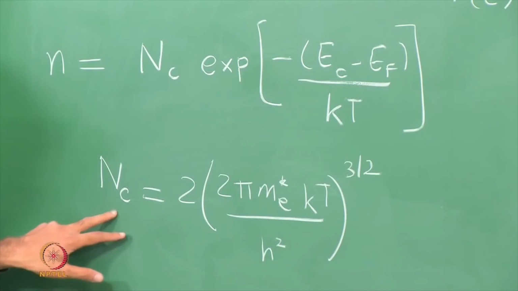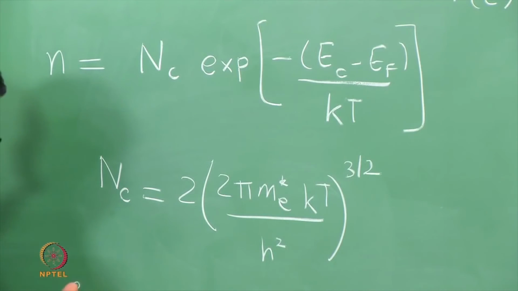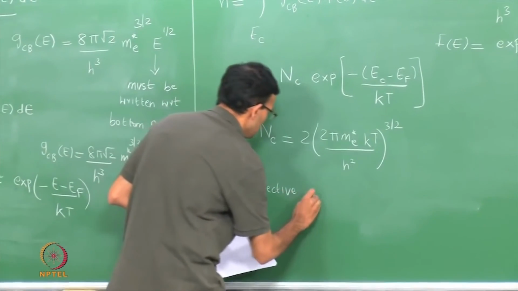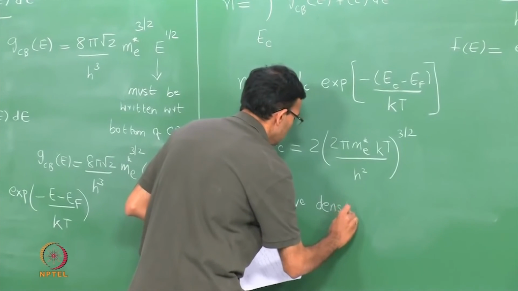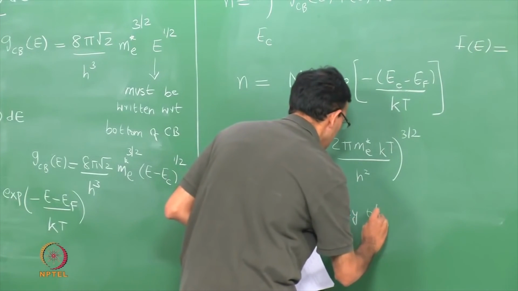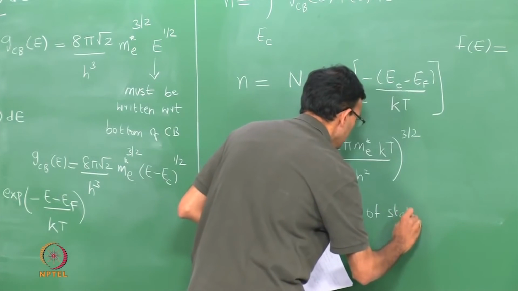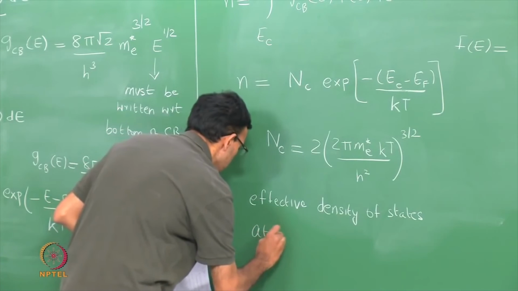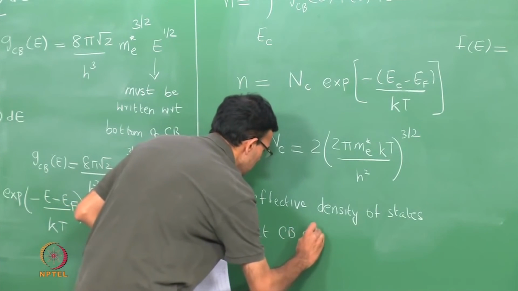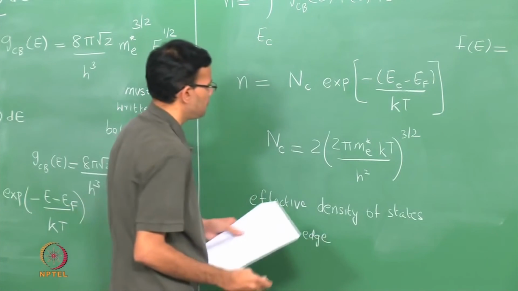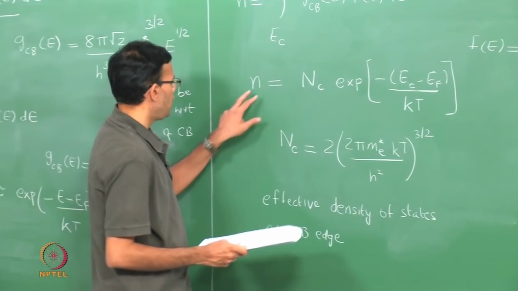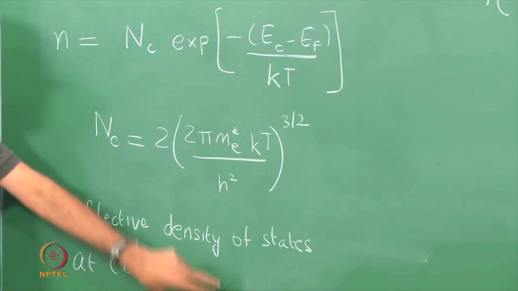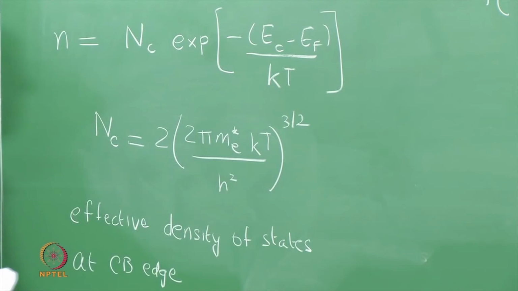This term Nc is called the effective density of states at the conduction band edge. So, n depends upon the effective density of states at the conduction band edge times an exponential function.